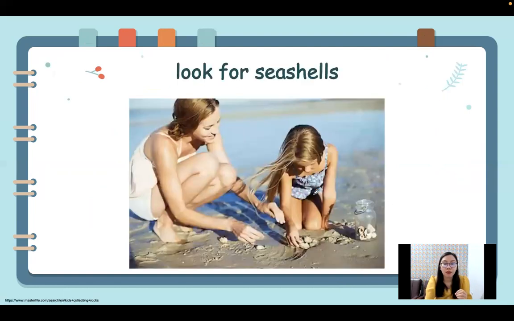New words, everybody. Most of these activities are the activities that we can do on the beach, on the sea, in the sea rather. So we can look for seashells, like this one. These are seashells.